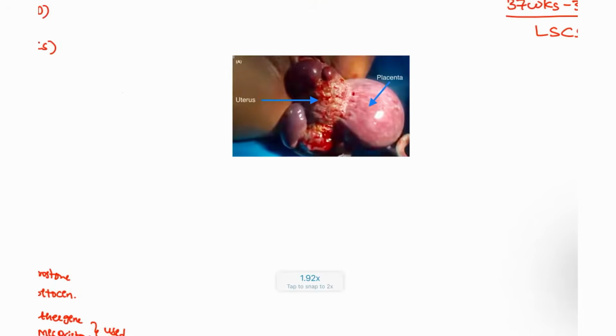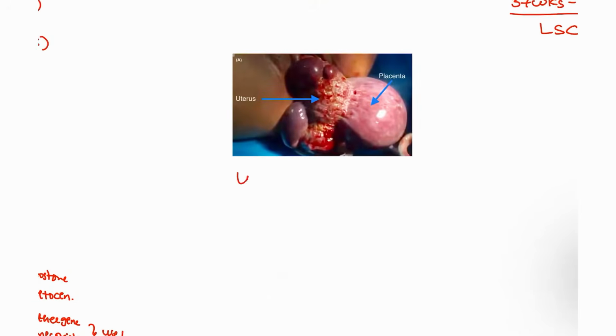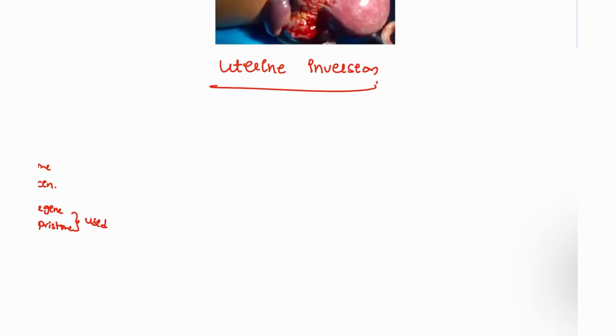Next, here you can see this is the uterine inversion. This is the uterus that is prolapsed, and this is the placenta. So what do we have to do? This is an emergency condition, guys. Most commonly, this is actually mismanagement by the person who is delivering.